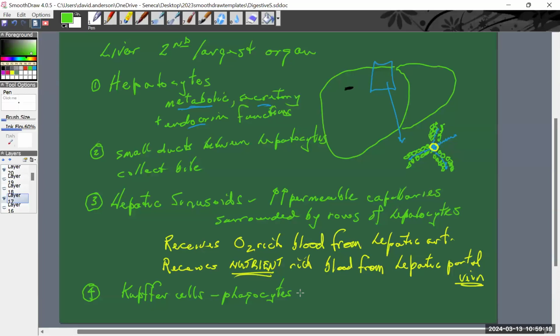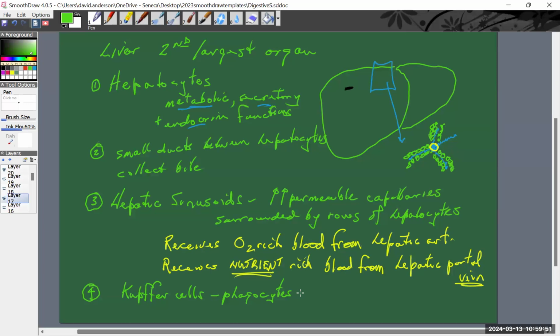The point is that the iron and the amino acids can be recycled, and the heme will get released into the circulation. It often ends up being part of bile, along with something called bilirubin, also a byproduct of the breakdown of red blood cells. So they're macrophages. They're going to clean up. If there's bacteria, again coming from the digestive system, there's a high possibility of that, and these phagocytes can deal with that.